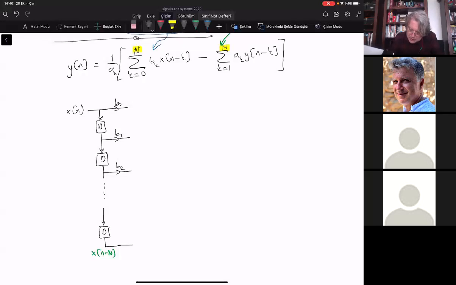The last one is scaled by b sub capital N. And here we have one before that, b sub capital N minus 1, etc. And they are all added. Like this.